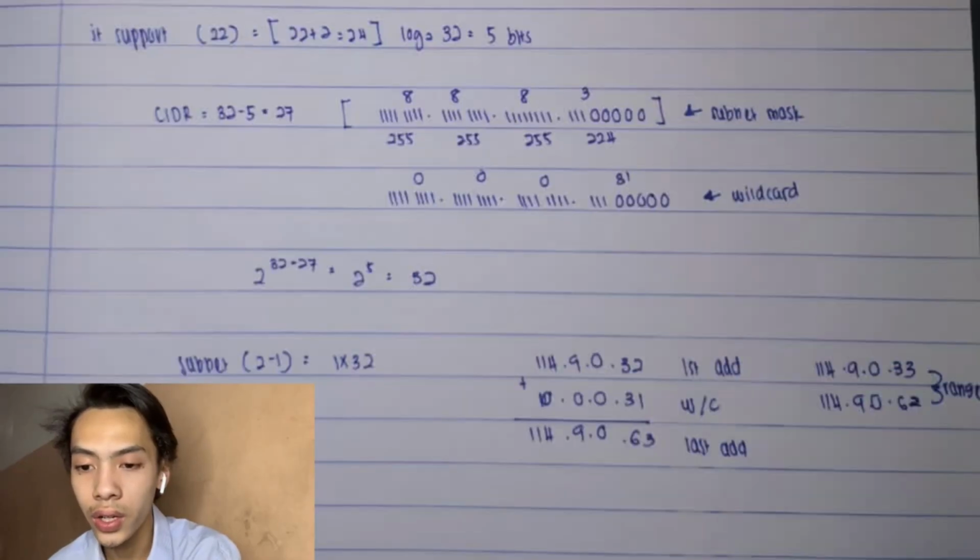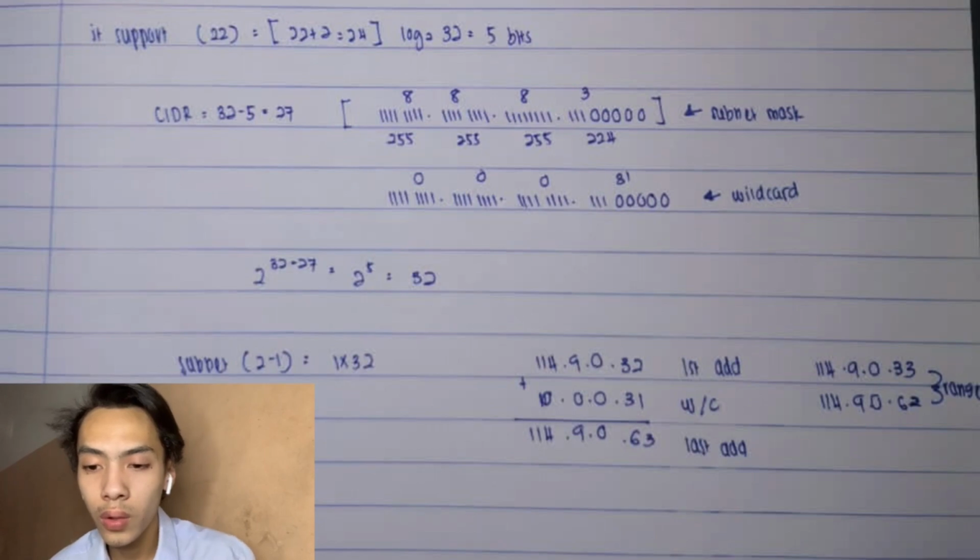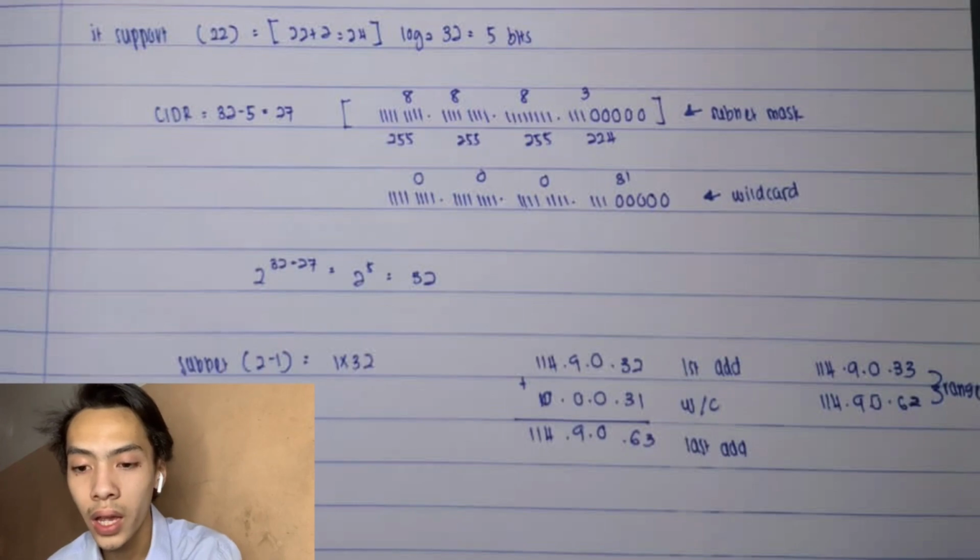Next, for the subnet IT support, the maximum number of computers is 22. We plus 2 as the formula says, and we get 24. As 24 is more than 16, we borrow 5 bits. Then for the CIDR, 32 minus 5 is 27.